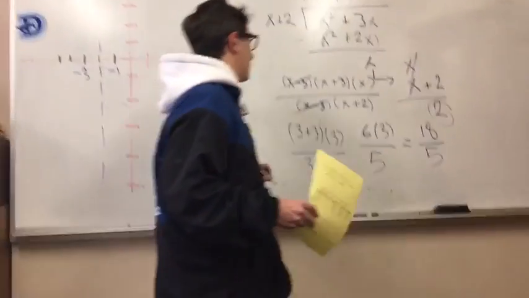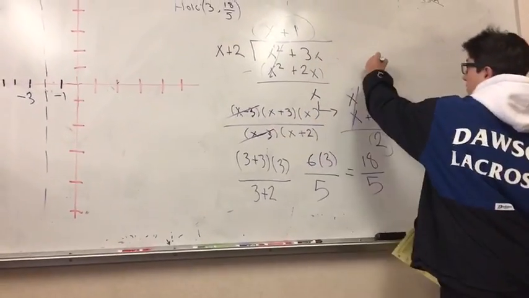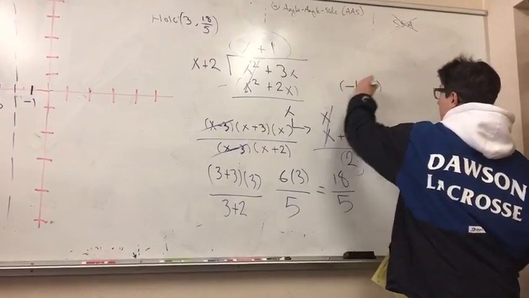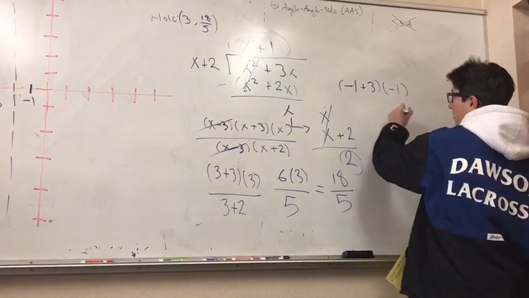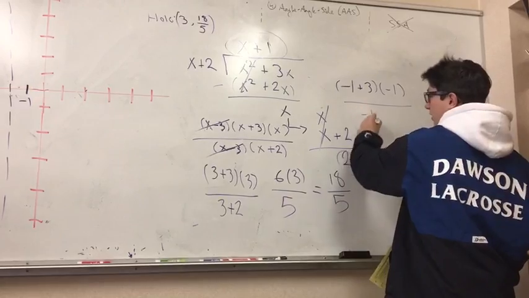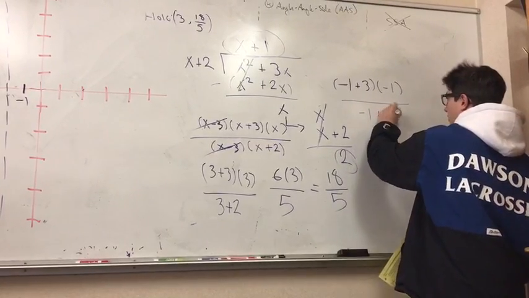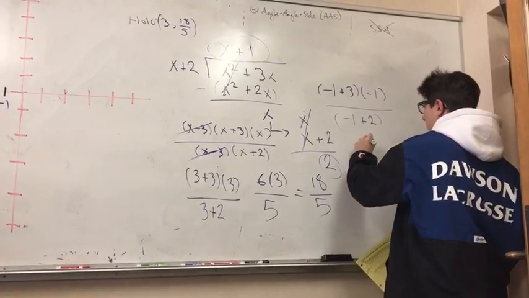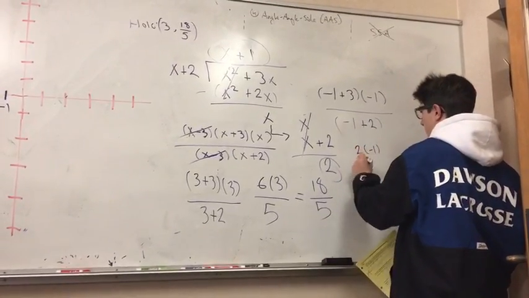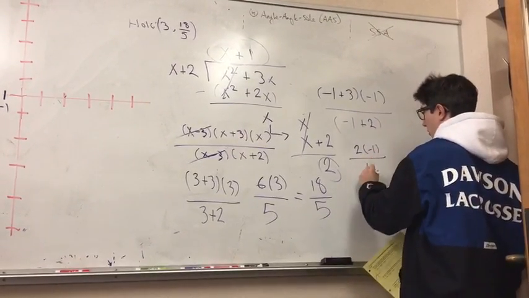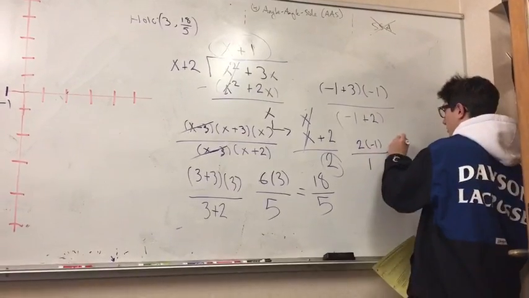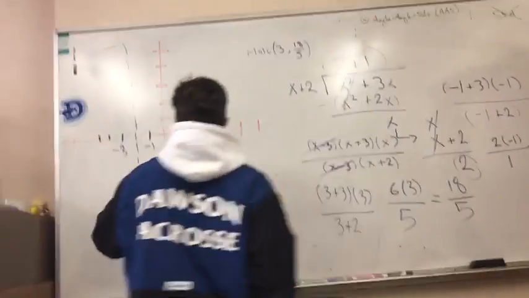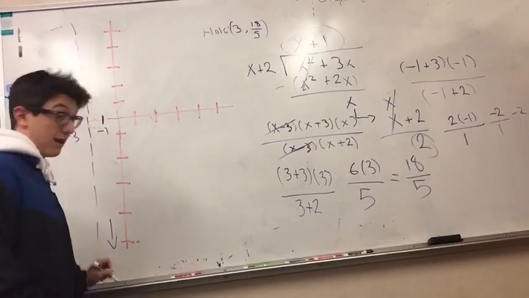So if we go back here, we can do -1 plus 3 times -1 over -1 plus 2. So we'll get 2 times -1 over 1, so that will equal -2 over 1, -2. So here it's going down.